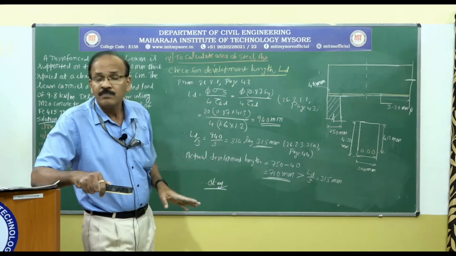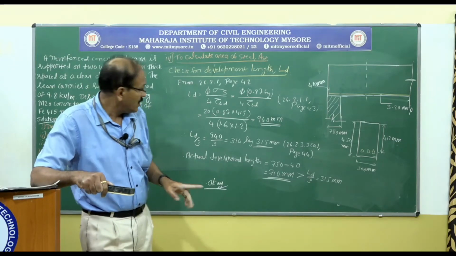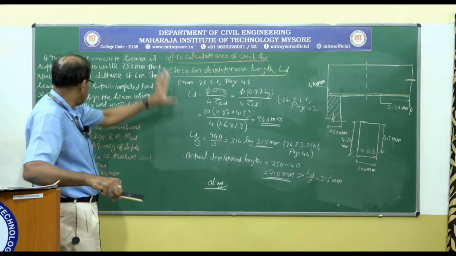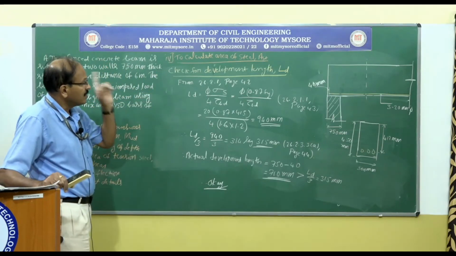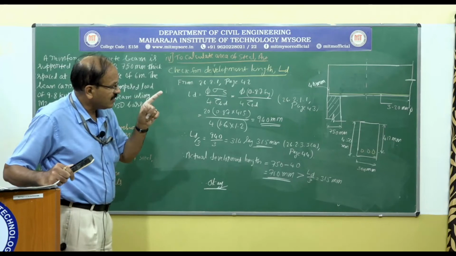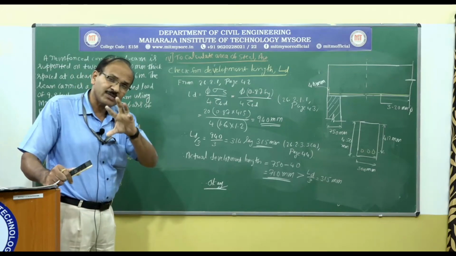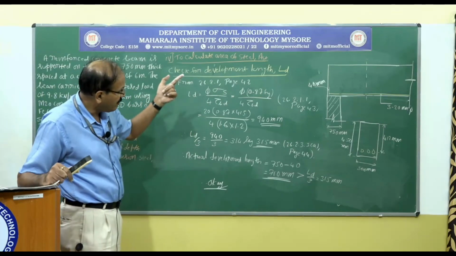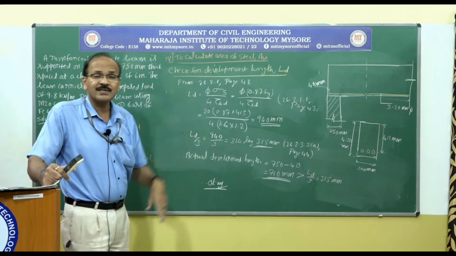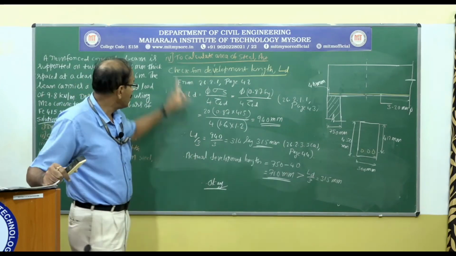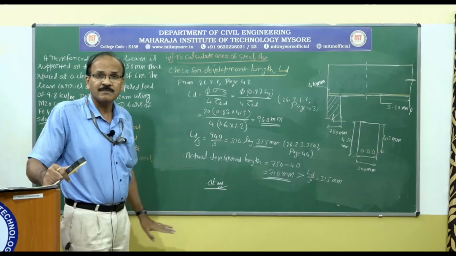So that's it for this. Next, so this is done. Check for development length is done. Minimum area of steel, maximum area of steel, and area of the steel is also calculated using the formula. So this step is complete.